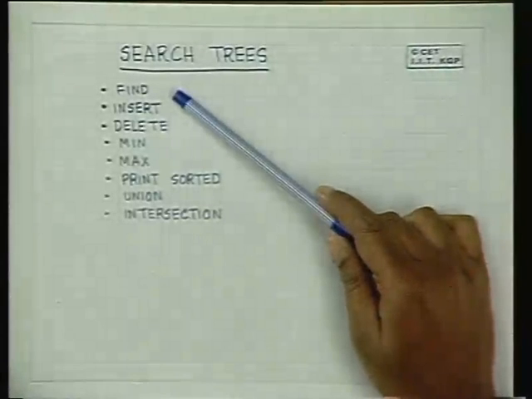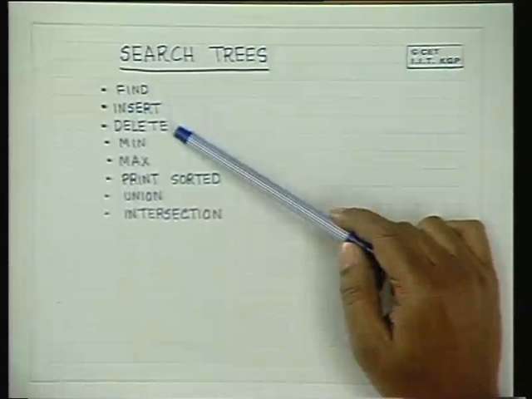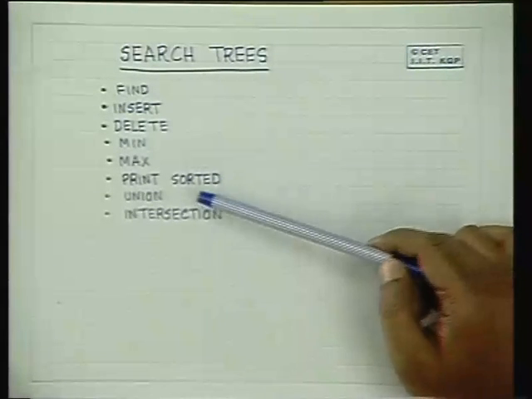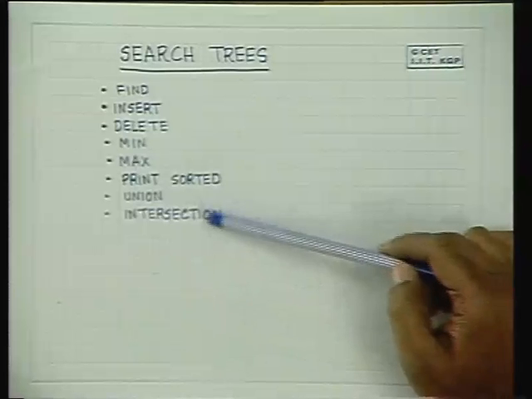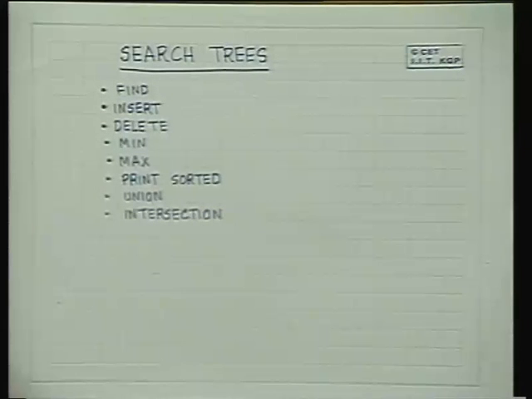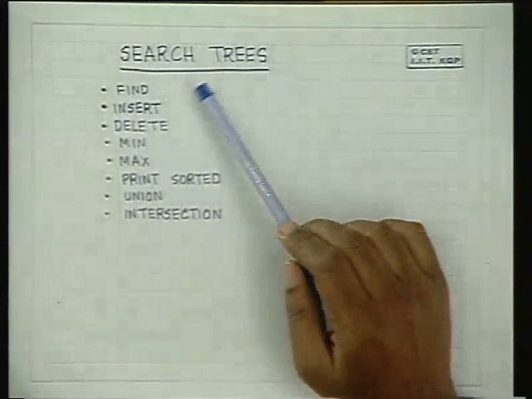That is, these elements can be ordered by comparison, and our operations which we intended to look at were find an element, insert an element, delete an element, find the minimum, find the maximum, print in sorted order, then union, intersection of two such sets.